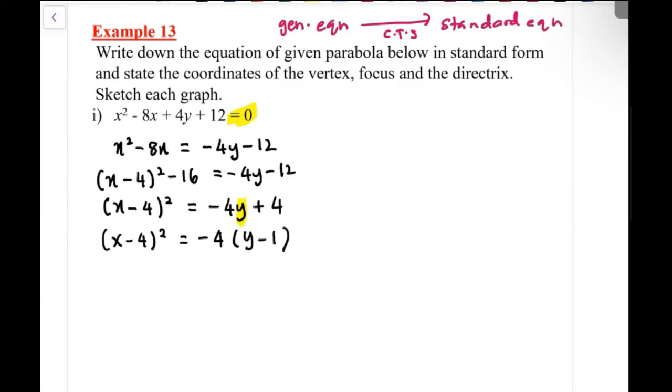Kalau compare balik dengan standard form tu, saya cuba tulis X minus H squared equal to 4P Y minus K. So yang inside bracket tu, Y tu mesti positif. Sebab tu kita mesti factorize negative 4. Kalau awak factorize 4 je, awak akan dapat equation yang salah lah. So careful that part. Okay.